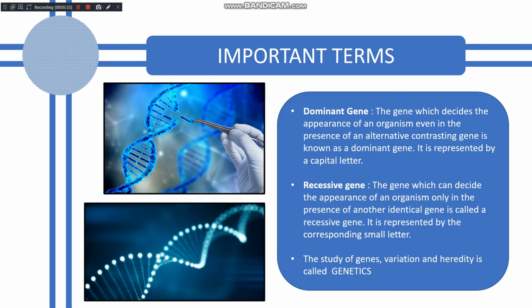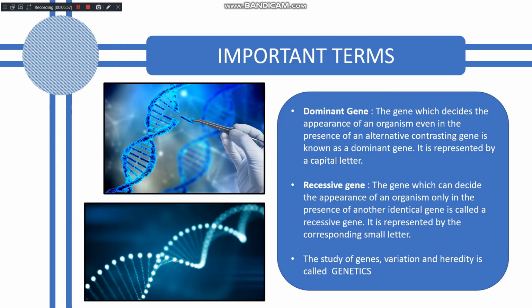I'm taking the example of height, and we express the characters of the genes by alphabets, like T and T. So TT is a characteristic, it is showing the height.